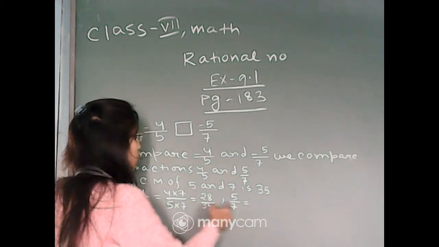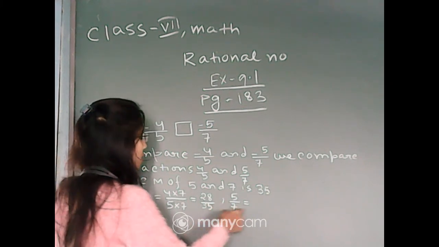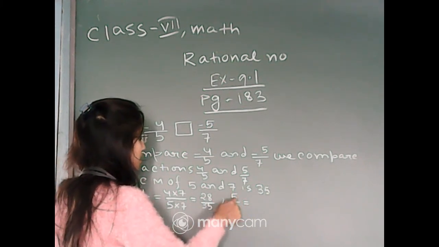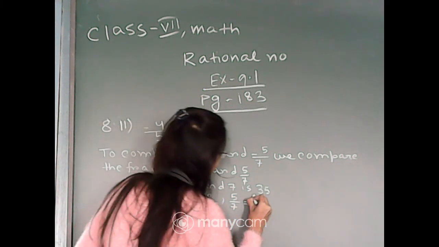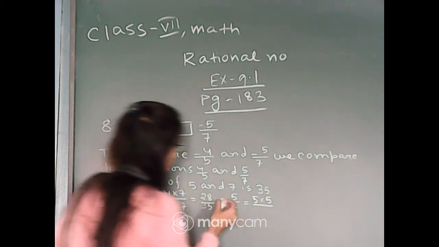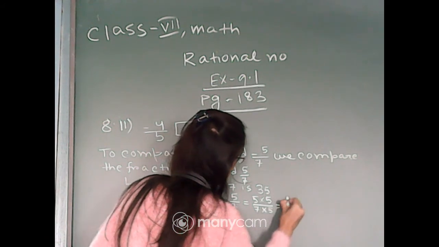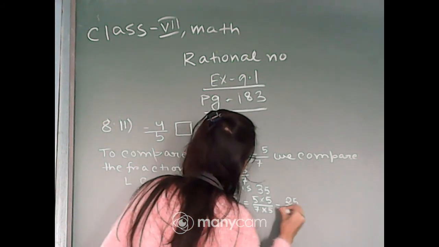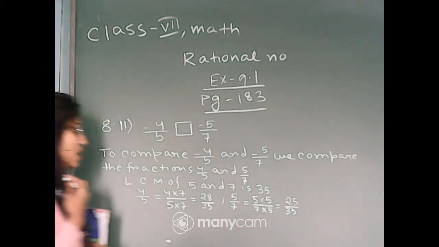And to make the denominator 35, we multiply both the numerator and the denominator of this fraction by 5, and we get 25 divided by 35.